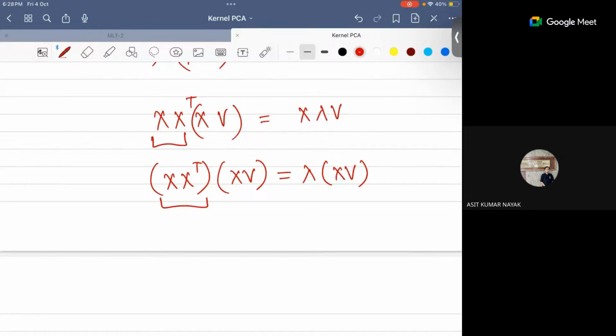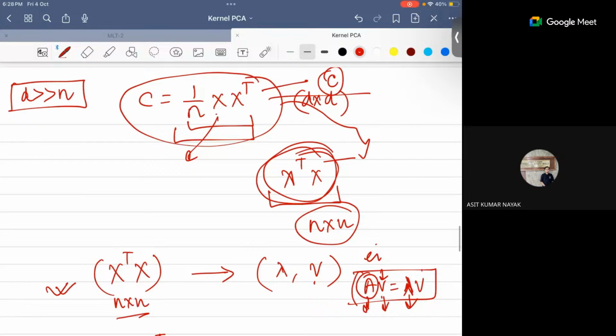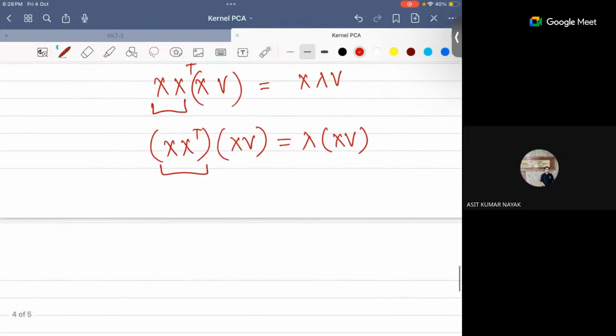X X transpose is our matrix for which we were trying to get the eigenvectors. The 1 upon n factor we can handle later. Now Xv becomes some vector v dash.